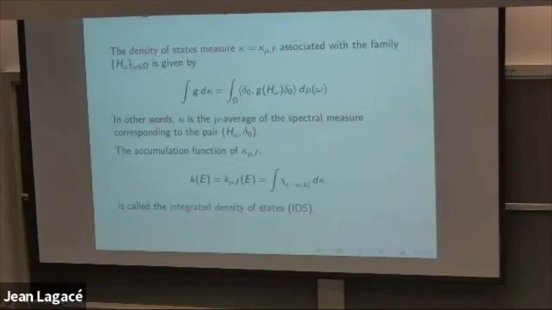The integrated density of states is the accumulation function of the density of states measure. You integrate from minus infinity to e, and that's k of e. Because this is a probability measure, this will be a non-decreasing function that goes from 0 near minus infinity to 1 near plus infinity. This is how you can and should visualize this function k of e, the IDS.